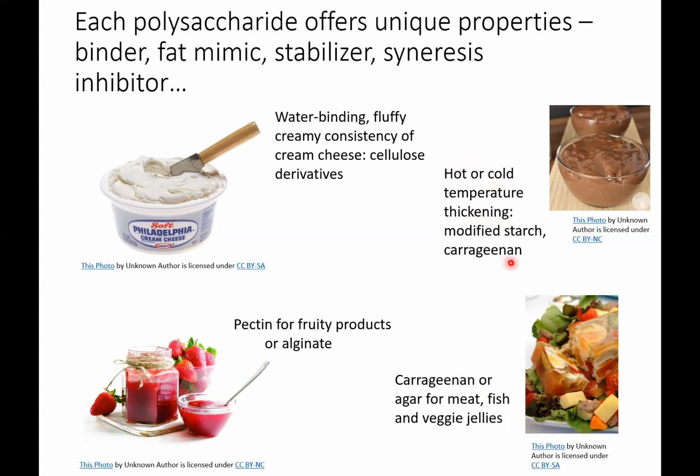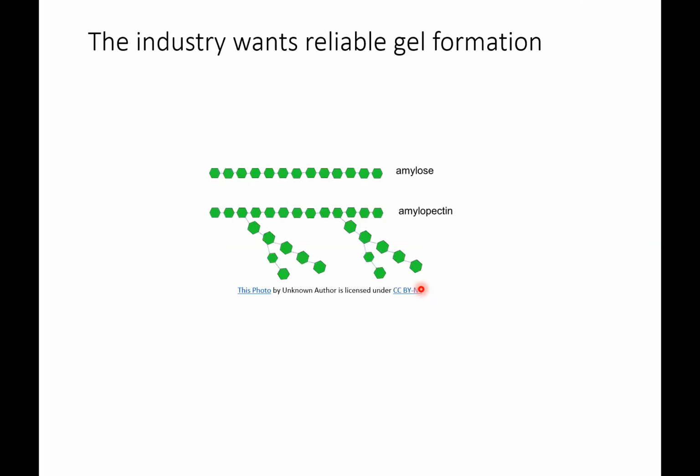And carrageenan, for example, offers a thickness of the gel in a wide temperature range. So you can have instant products as well. They form with cold milk, for example. So you pick a polysaccharide for whatever you can imagine.